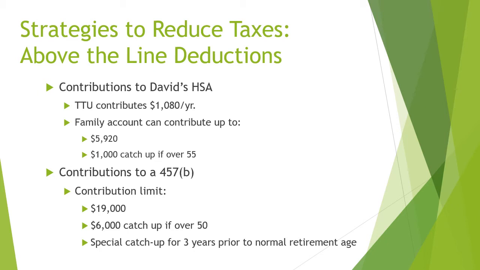Another option to consider is to establish a 457 plan and begin making contributions in 2020. We highly recommend this option as you can contribute up to $19,000 in 2019 and $19,500 in 2020.